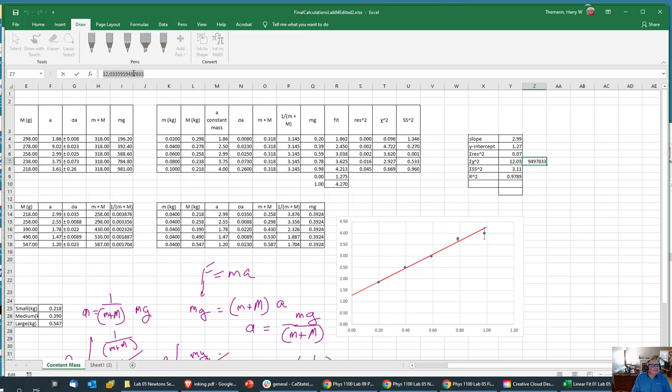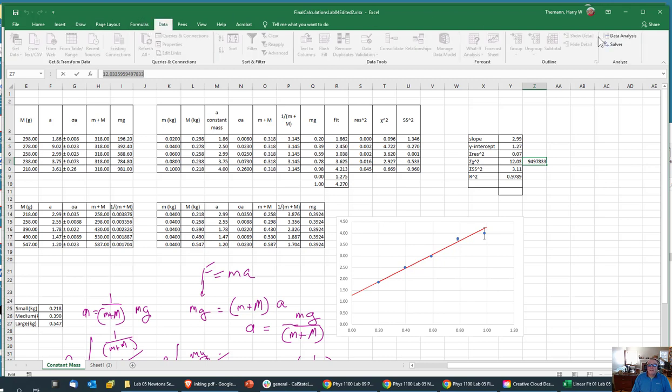No. Copy. So what we want, I don't think it's possible. Where is the solver? Okay, I see.